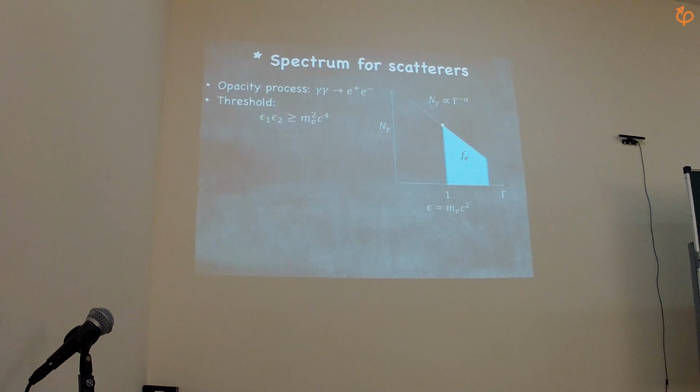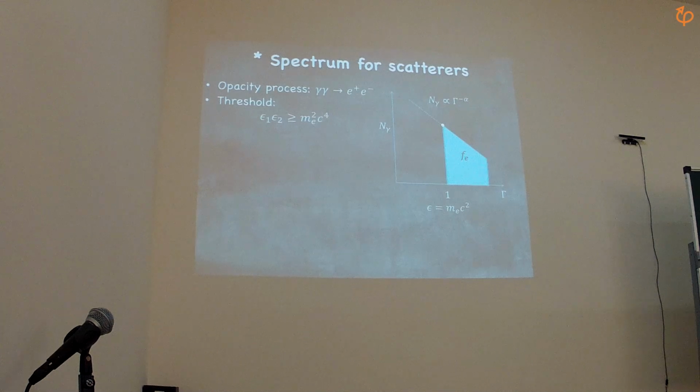This is equal to 1 divided by 0.1 times me squared c to the power of 4 divided by me c squared, and this is equal to 10 times me c squared. So the smaller the energy of the first photon, the larger the energy of the second photon.